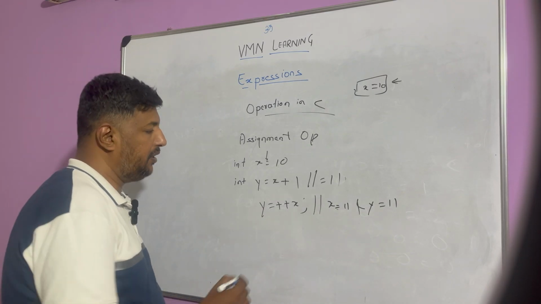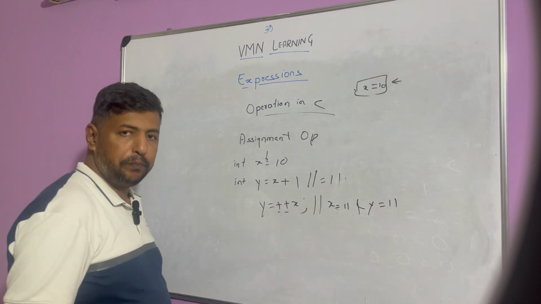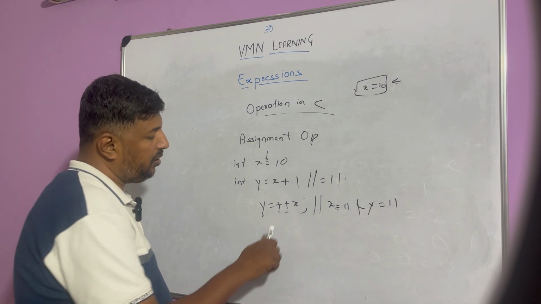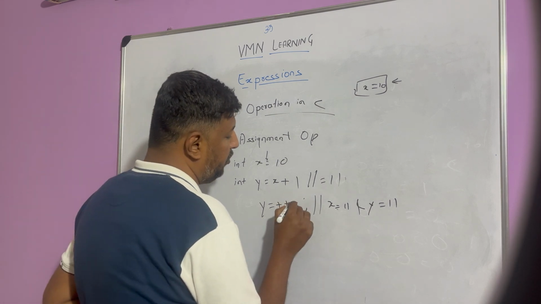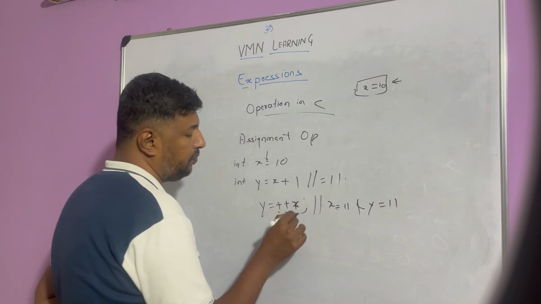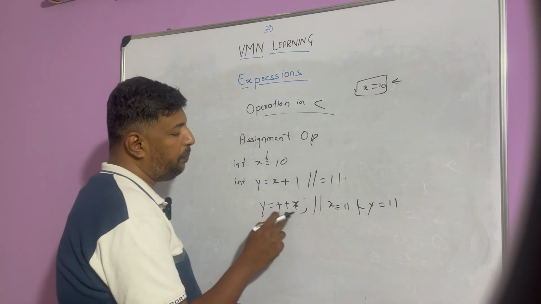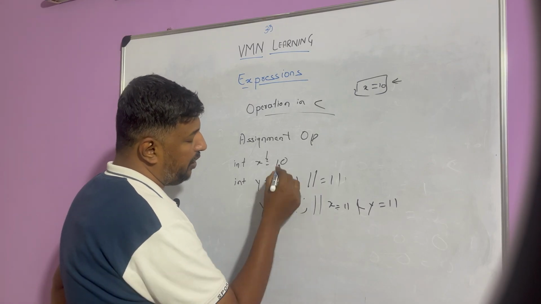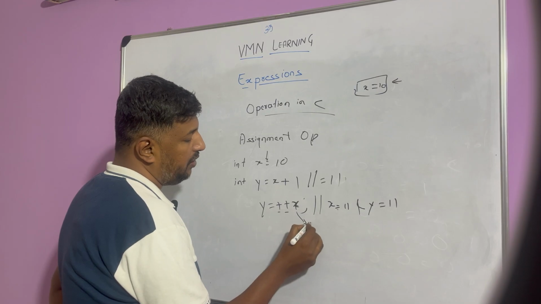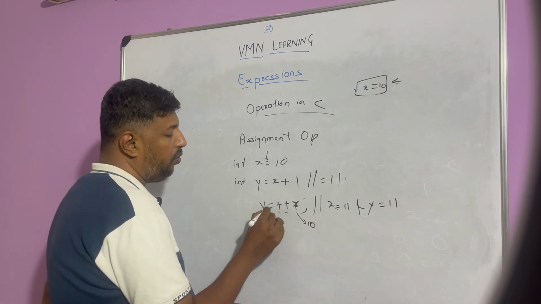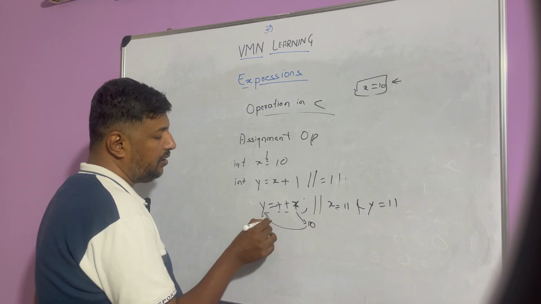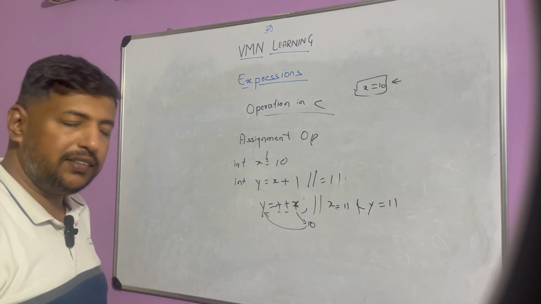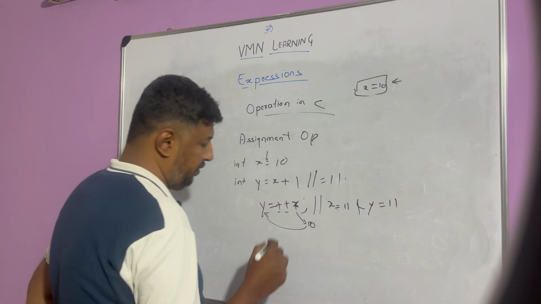Here what is happening is the ++ operator will increment the value of whichever variable is here. It is doing pre-increment, that is, it is incrementing this from 10 to 11 before doing the assignment, hence it has taken y as 11.